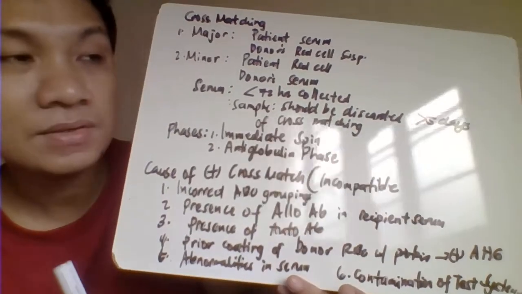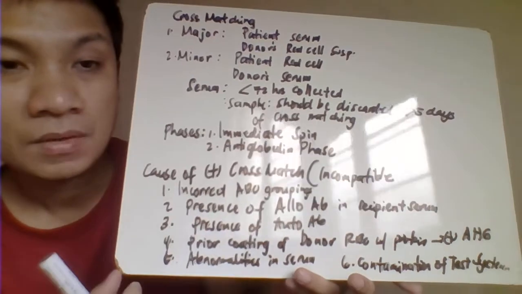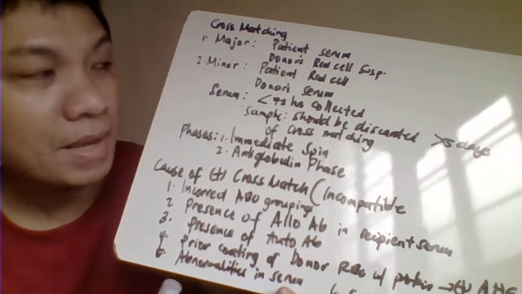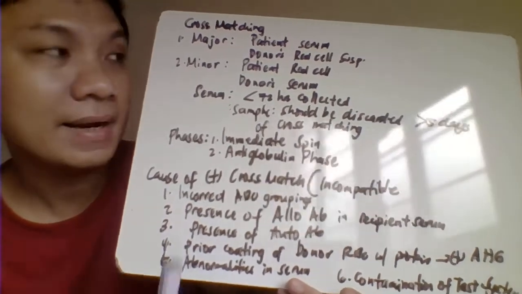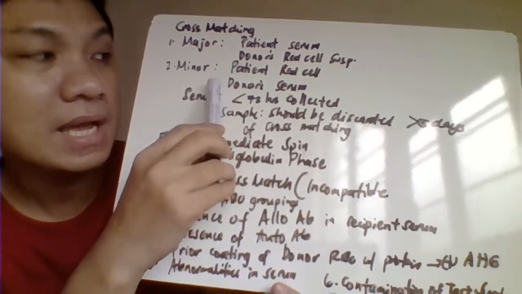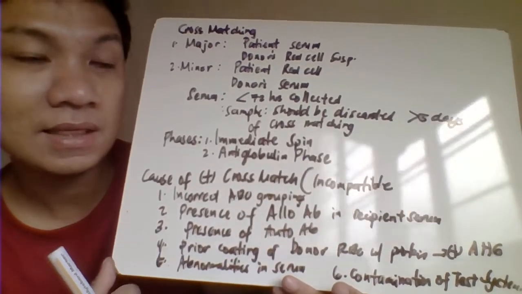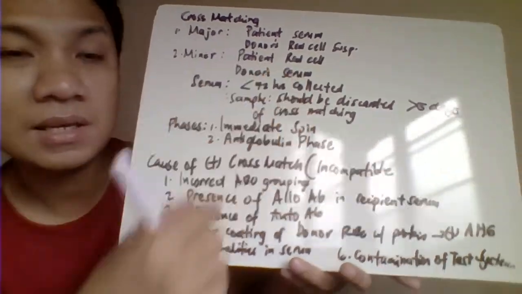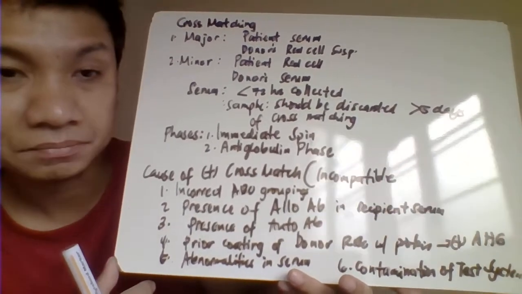For the minor, that's your PRDS, patient red cell and donor serum. So, donor serum, patient red cell and donor serum. Whether it's compatible or not relies on the antibody in the donor's serum against your patient's red cell.